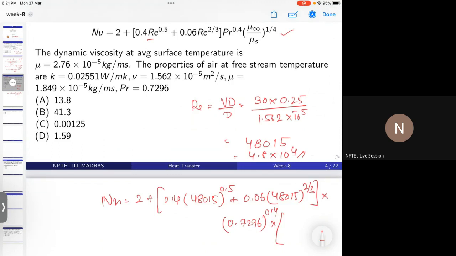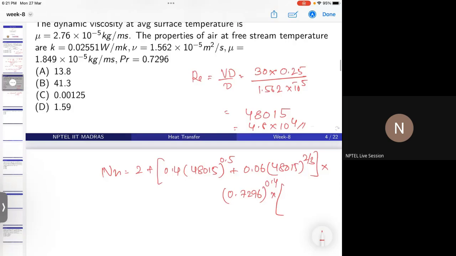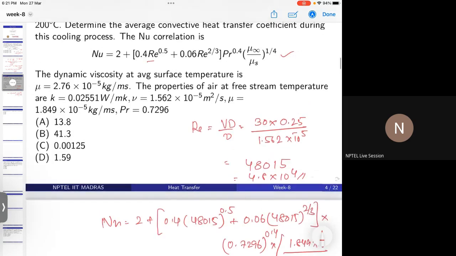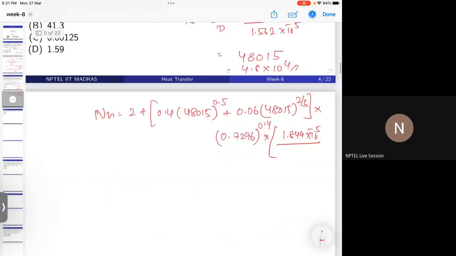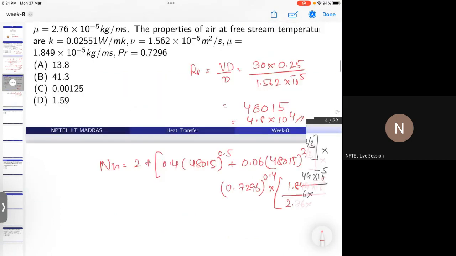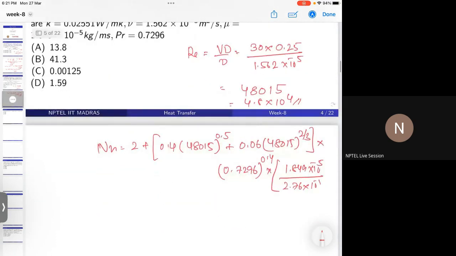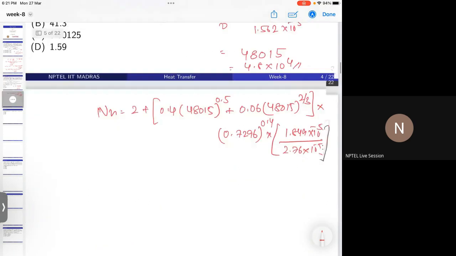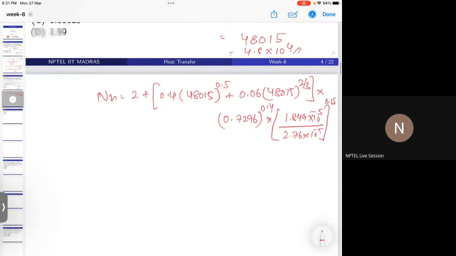Mu infinity is the property of the airstream, 1.849 into 10 raised to minus 5, divided by mu s, that is at average surface temperature, 2.76 into 10 raised to minus 5, the whole raised to 1 by 4 or 0.25. So you'll get the answer as around 135.